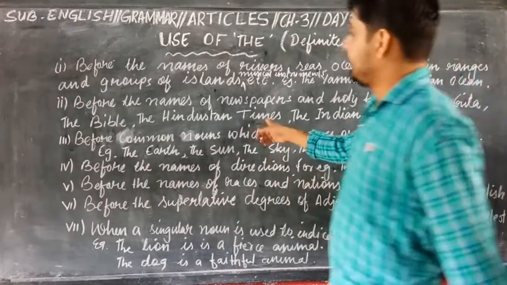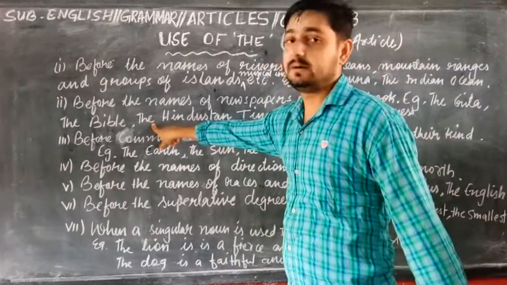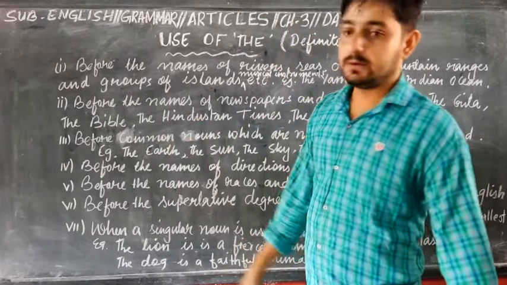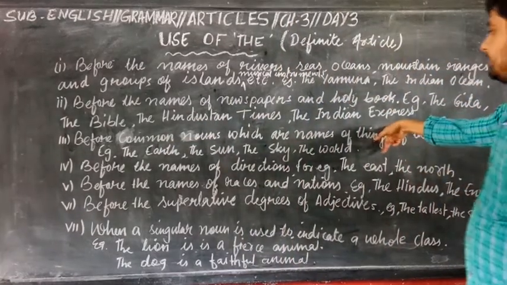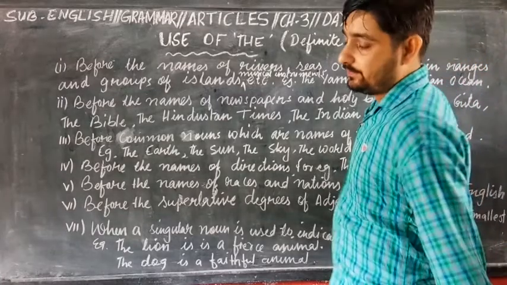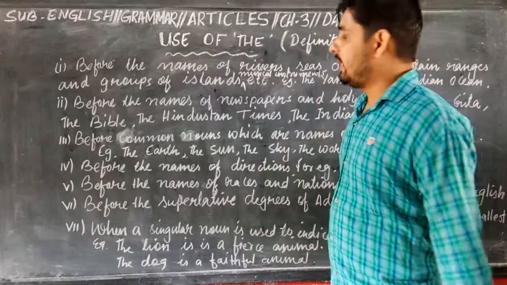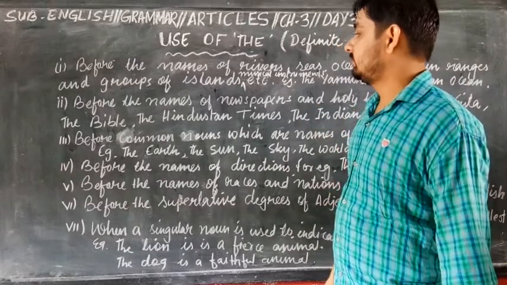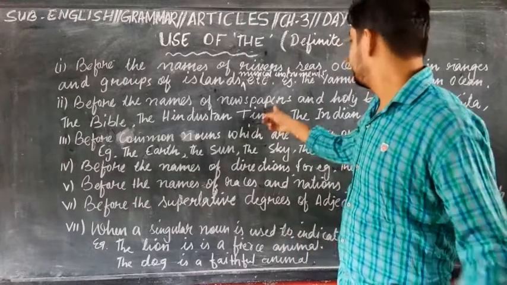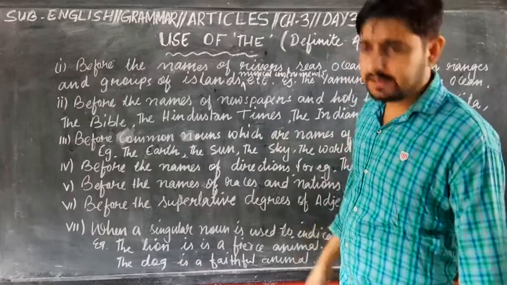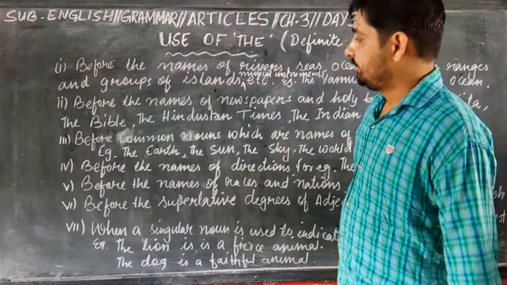The Hindustan Times is the name of a newspaper, so we have to use the Hindustan Times. Then the Indian Express also is the name of a newspaper. So you have to remember that if you get the name of these newspapers or holy books, then you write "the" before those names.